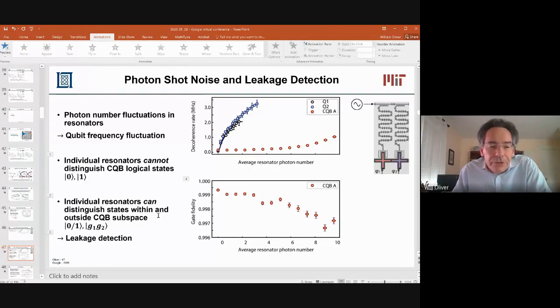You have leakage detection, but that leakage detection does not impact your gate fidelity within the subspace. So that's very useful, I think, and could be used to correct for leakage when it occurs. There are error correcting codes that can accommodate leakage, and they would have to be applied here. But we can detect leakage without leaving the avoided crossing.